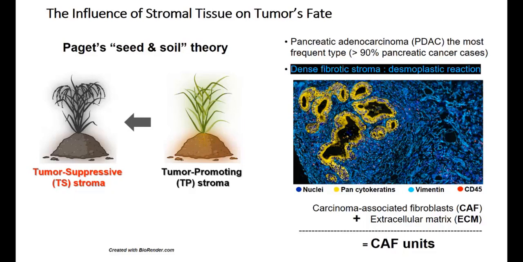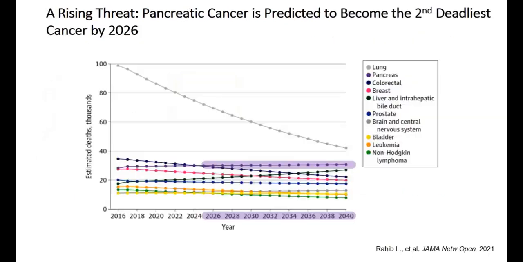This is how we are studying the biology of these entities. Needless to say, pancreatic cancer is a rising threat and has been predicted to become the second deadliest cancer by 2026. Therefore, we have to really pay attention to this malignancy and conduct our research to prevent this from happening.